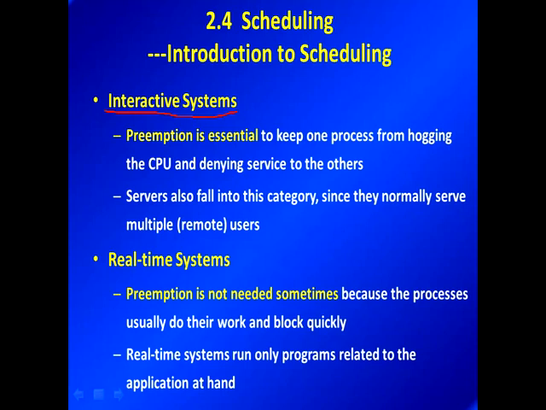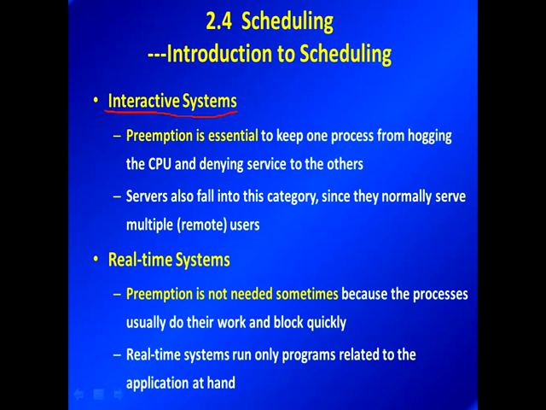So it needs to handle the interruption by allowing another process to get into the CPU to run some instructions relevant to the input of that user.